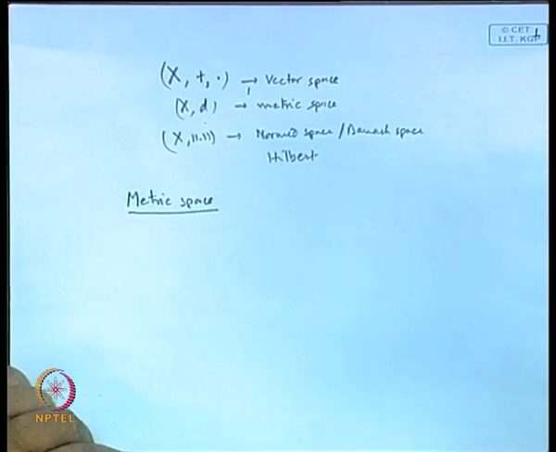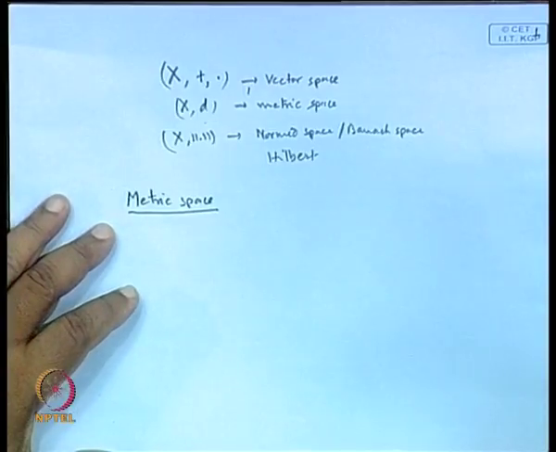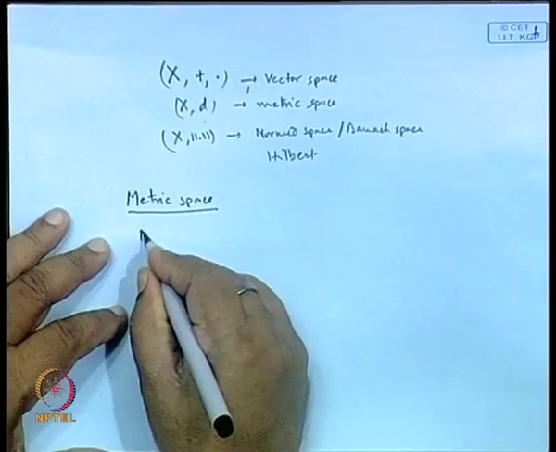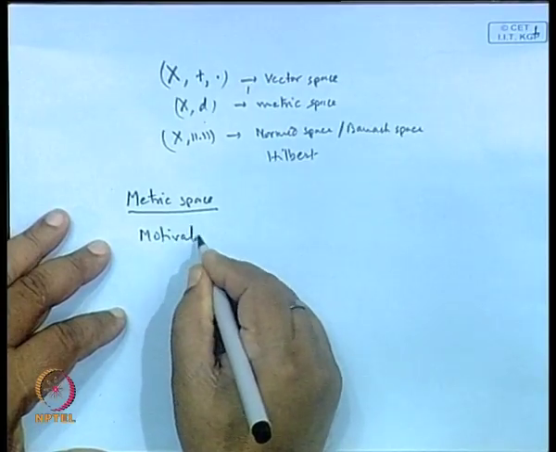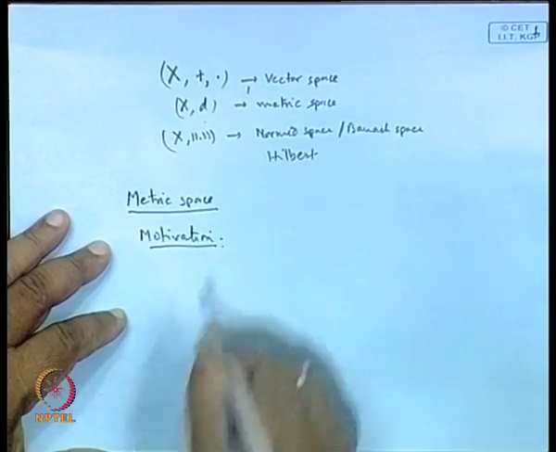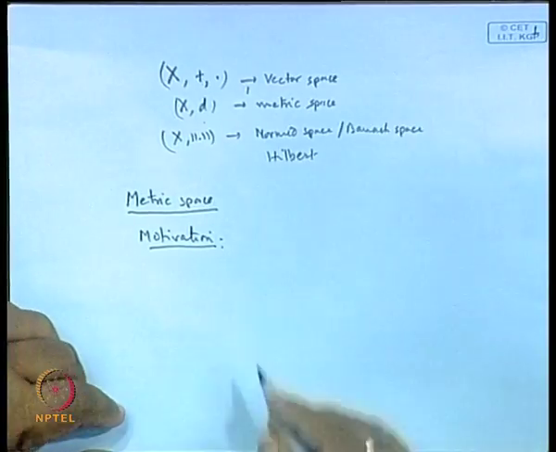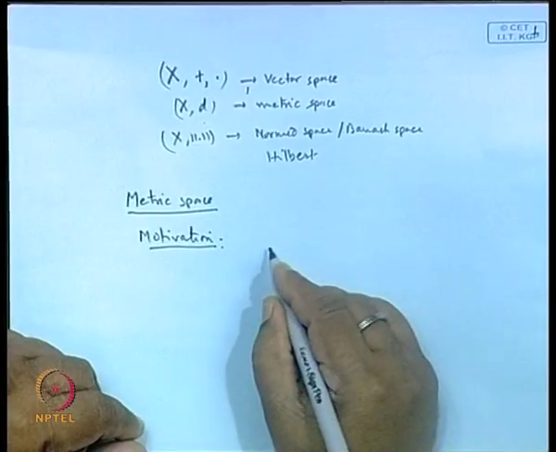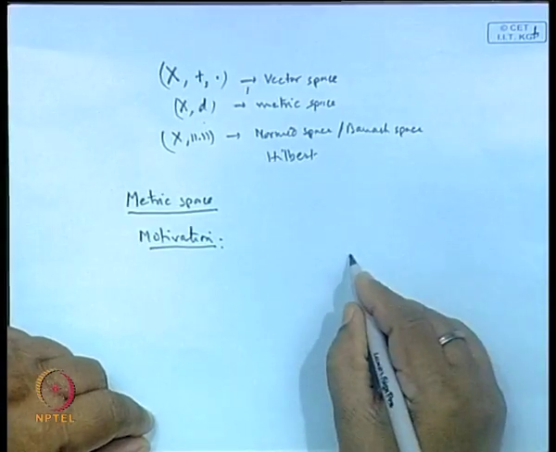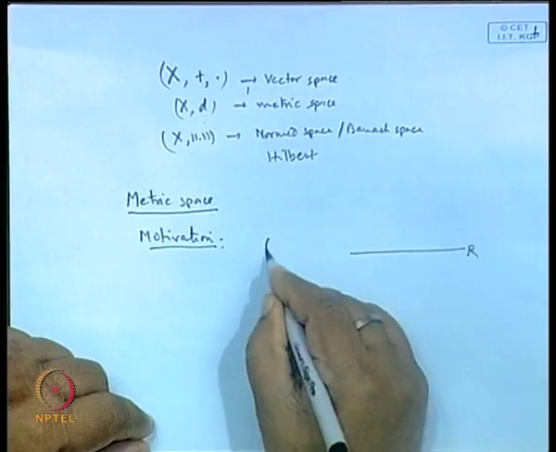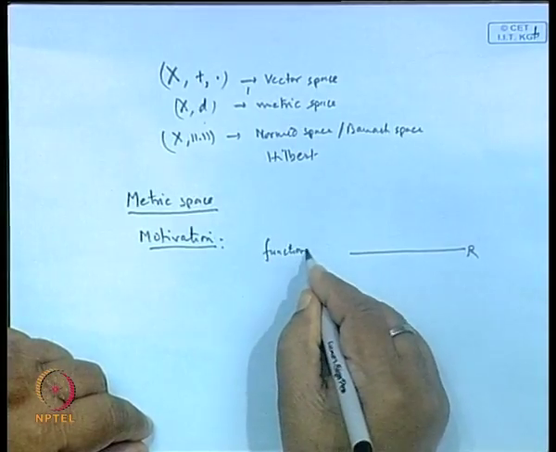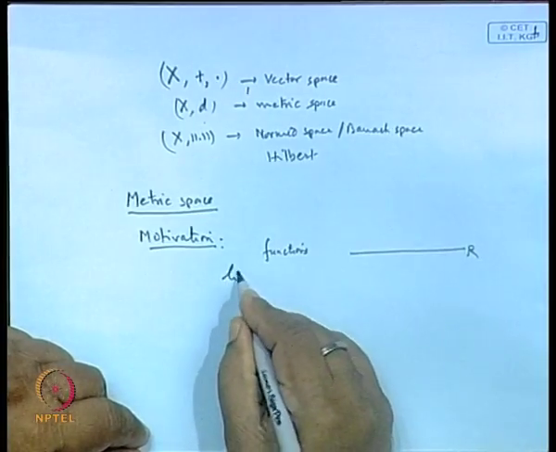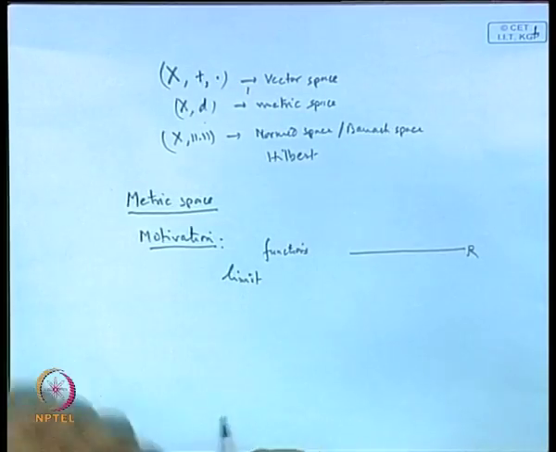Before starting the definition of the metric space, let us see the motivation behind it. In calculus, we study functions defined on the real line R, and during this study of functions, we also go through the concept of limits.